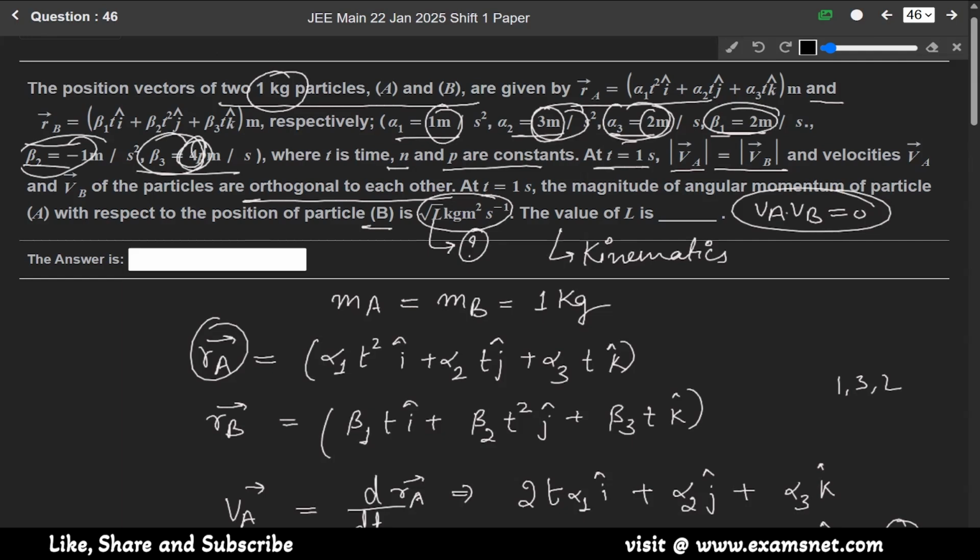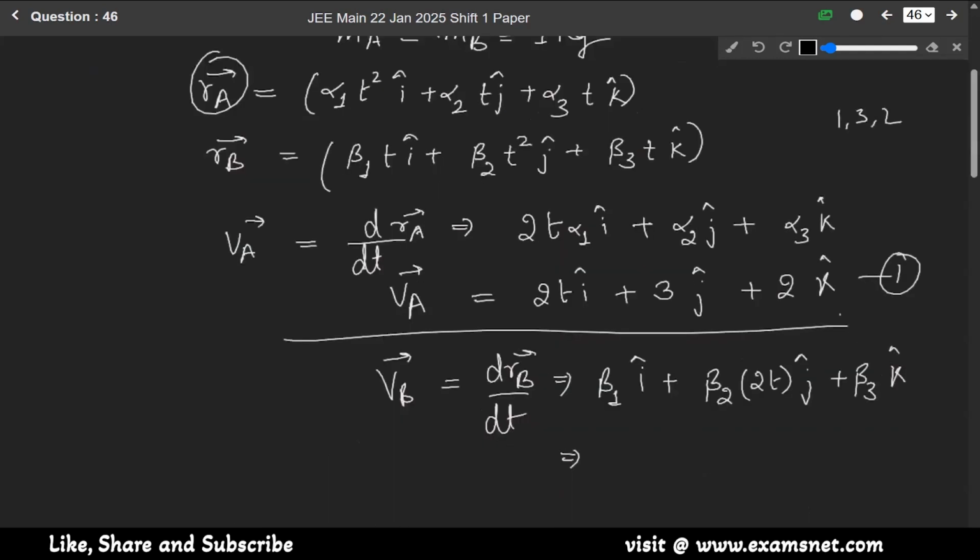Alpha 1 equals to 1, alpha 2 equals to 3, alpha 3 is 2. I think alpha 2 is 3n. There is a misprint in the equation, so alpha 2 is 3n j cap.